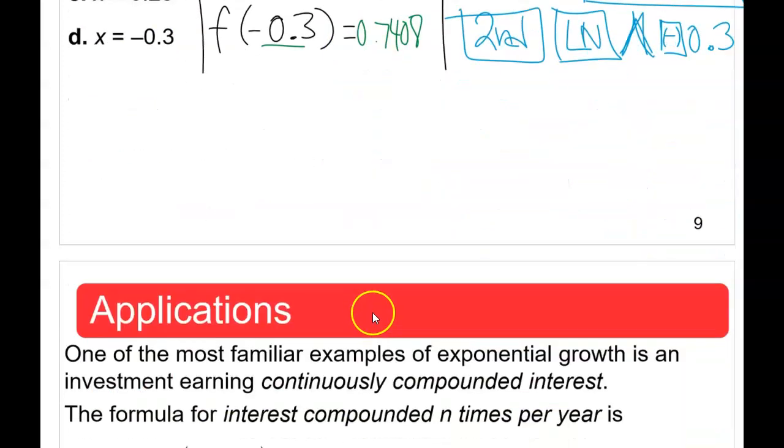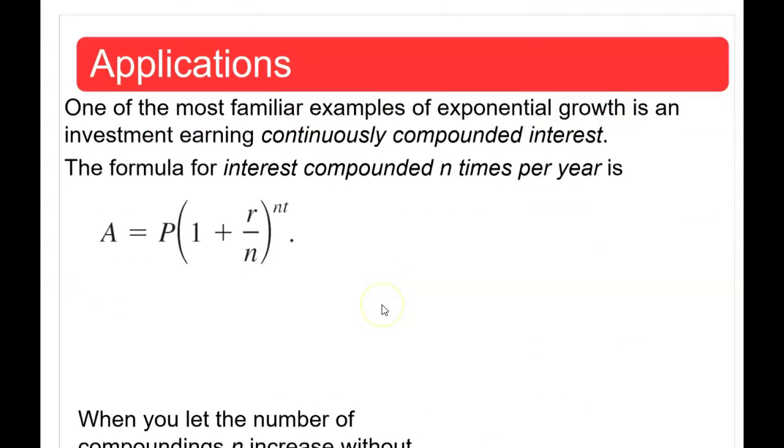Okay, so moving on, applications. One of the most familiar applications, well, we're going to look at several others, but the most familiar example of exponential growth is an investment earning continuously compounded interest.